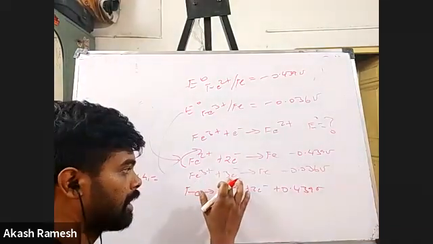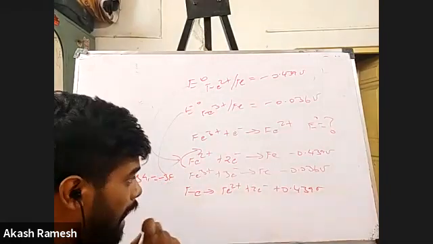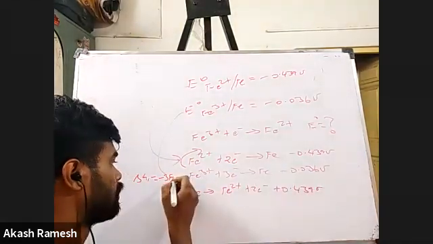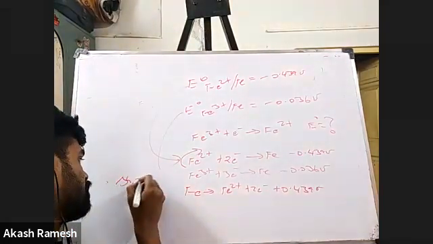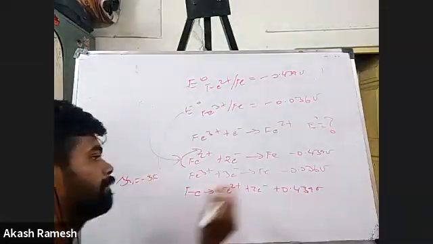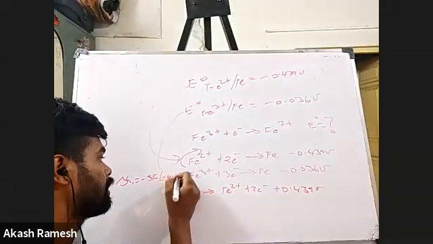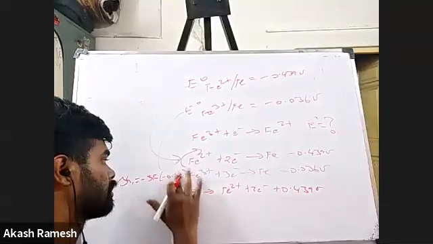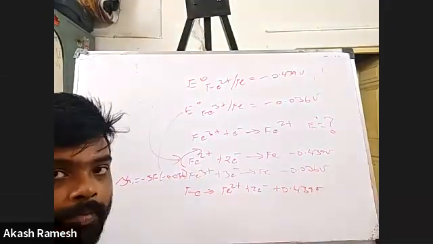How many electrons here? 3 electrons. So delta G1 is minus 3F into minus 0.036. Correct? For this reaction.